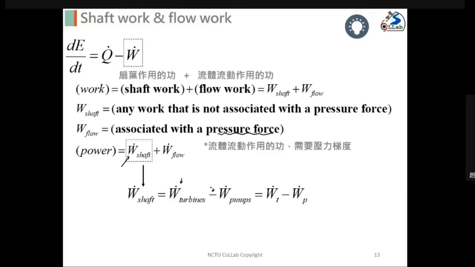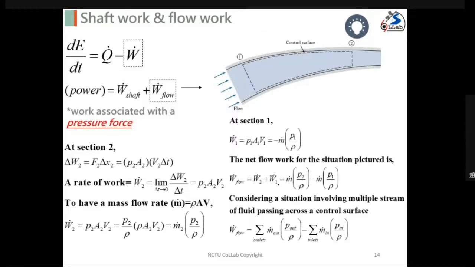And if the W is positive, that means the work done by the turbines, the energy will go out of the system. So that's why here it is W turbine minus W pumps.